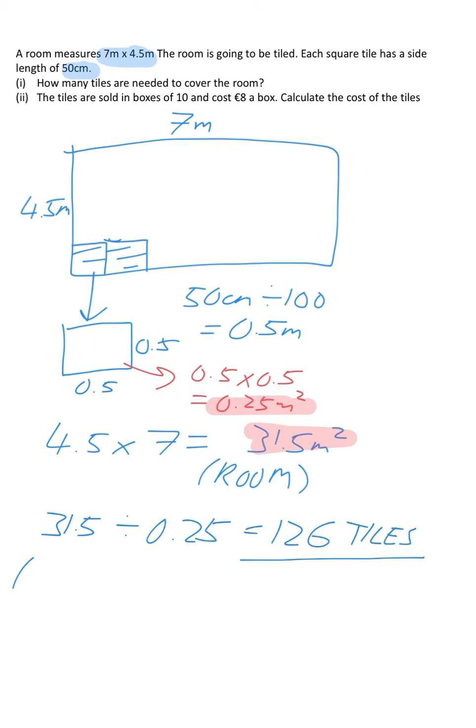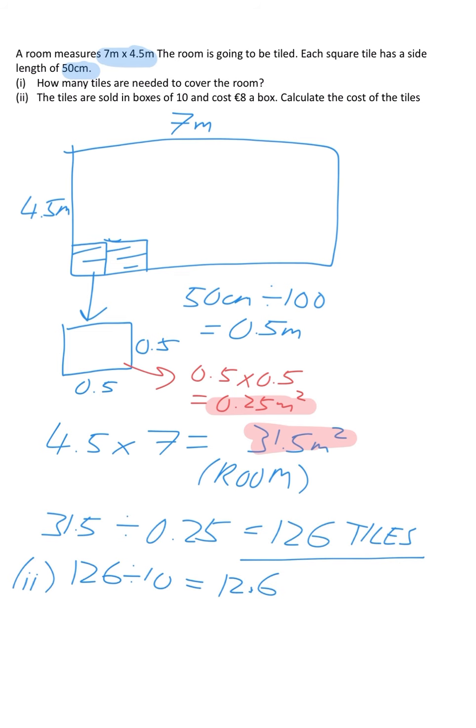The next part then, we're told the tiles are sold in boxes of 10 and cost €8 a box. Calculate the cost of the tiles. Okay, so boxes of 10, so I'm going to do 126 divided by 10, so that would be 12.6.